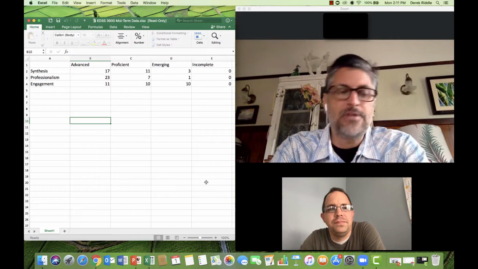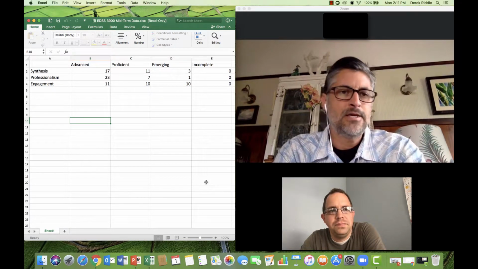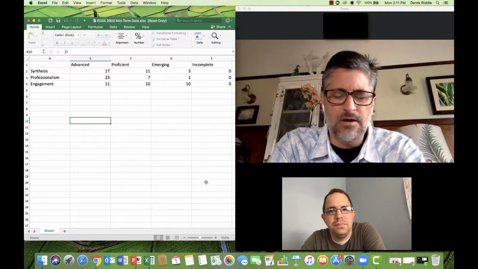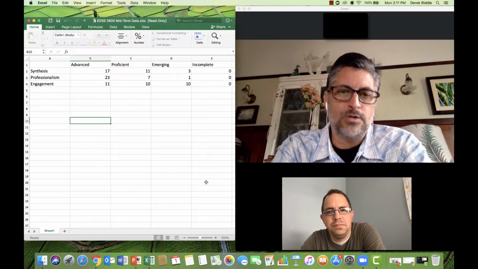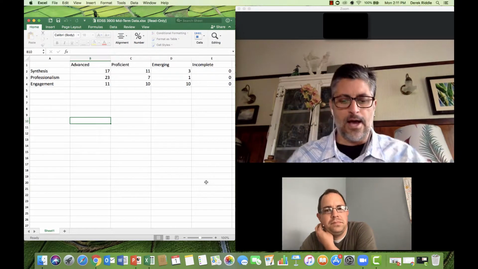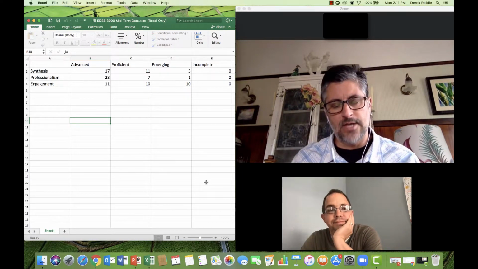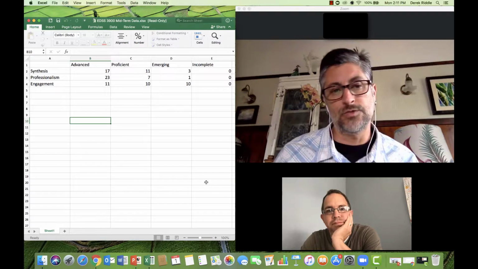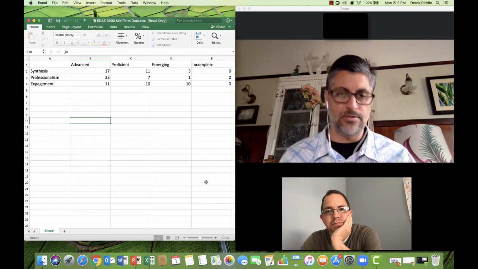One other thing that jumped out at me is the synthesis piece of the assessment. This is where it's really important for all students to understand how they make those connections, connecting the dots between what they're learning in 3900 and what they have produced on their assessment.